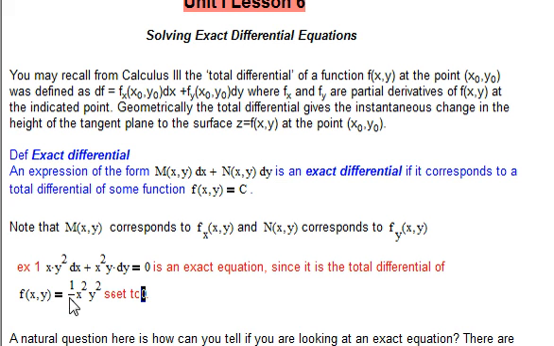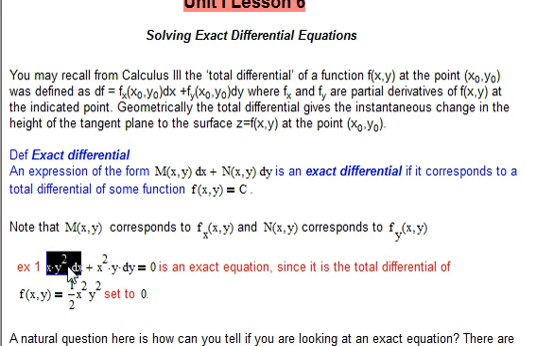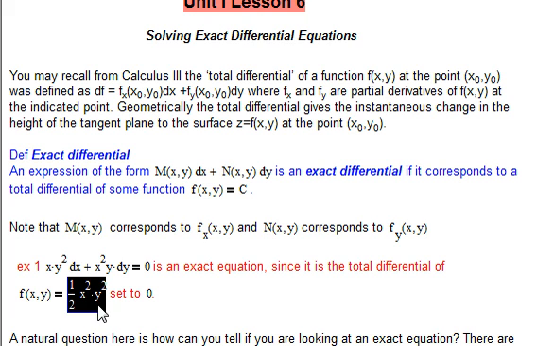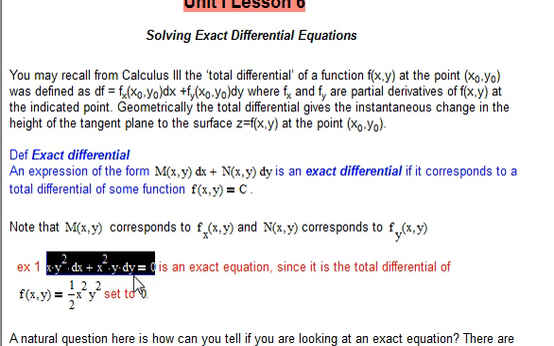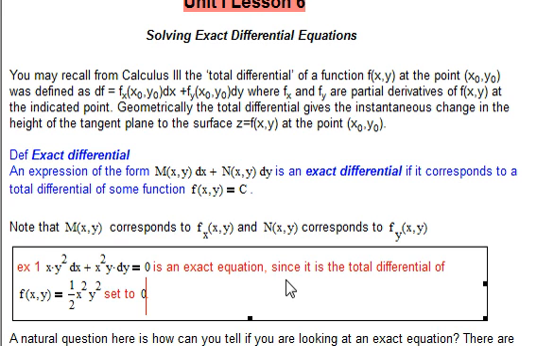See, take the derivative of this with respect to x, you get xy squared. See, xy squared dx. Take the derivative of this with respect to y, you get x squared y. See, x squared y dy, and set that to 0, and we've got an exact differential equation.